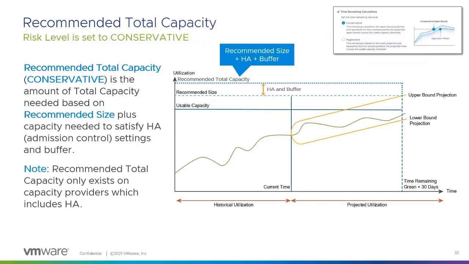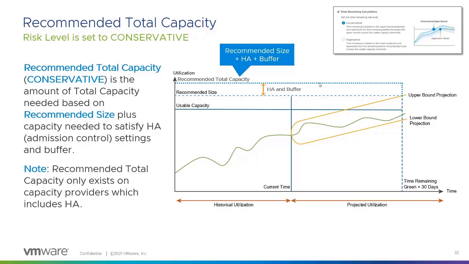So, recommended total capacity. This one only applies to objects that have HA or buffers, so this would be for something like a cluster. The important part here is that it functions basically exactly the same as recommended size. You can see I have it on here as the recommended size, but then we add on HA and buffer based on what's configured for the cluster.